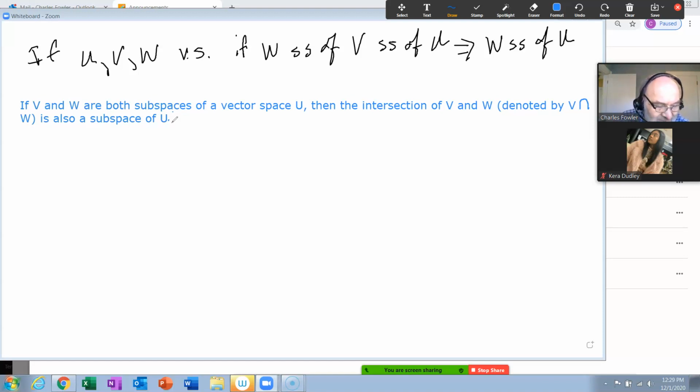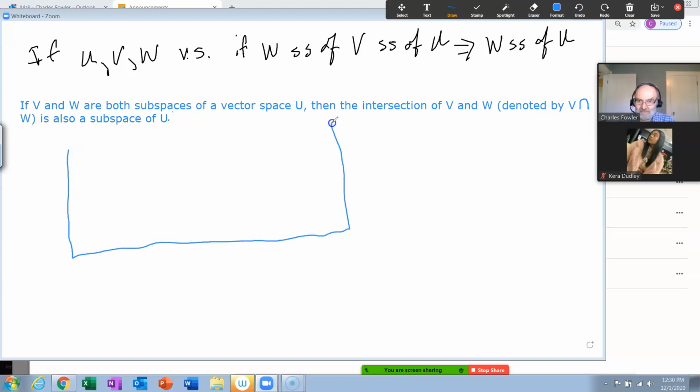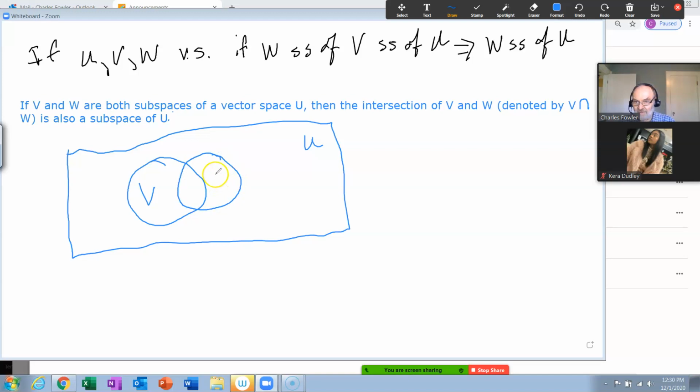Now, they show this with a Venn diagram, or something that looks like a Venn diagram, and I'll try to do it here. I like to make my universal set a rectangle. They used a circle, but I'm going to use a rectangle. That's my universal set U, the big space. And here is space V, and W, and these are both subspaces.